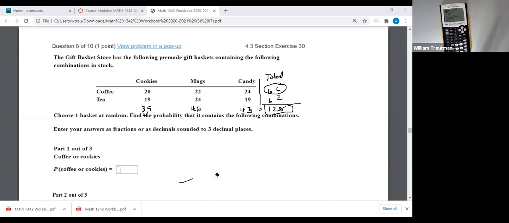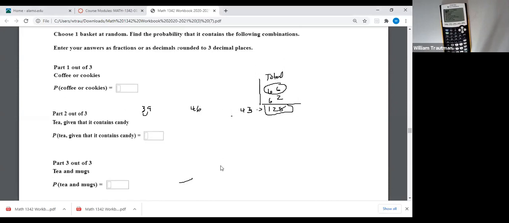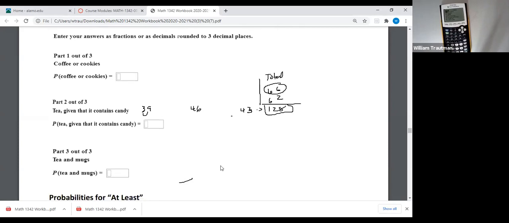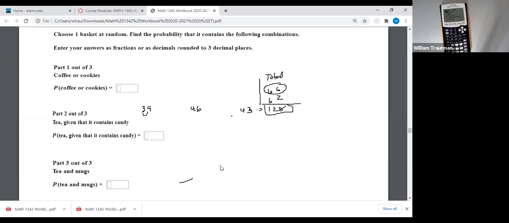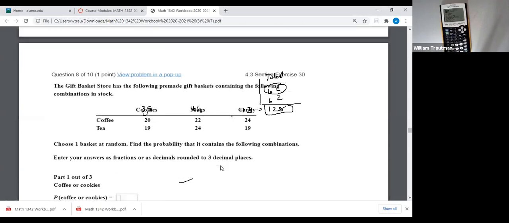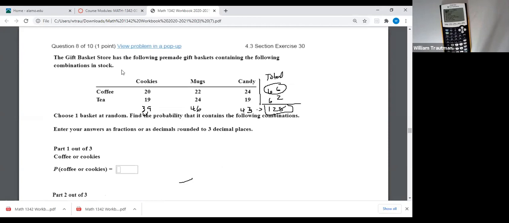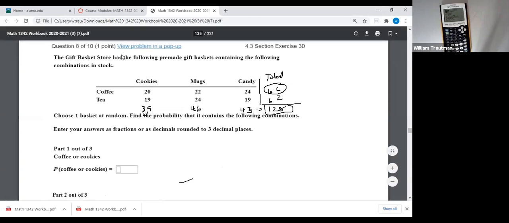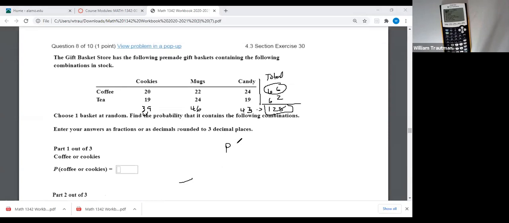The next question, if it lets me, is find the probability of T given that it contains candy. So I want to write that down. We're looking for the probability of T given that it contains candy.